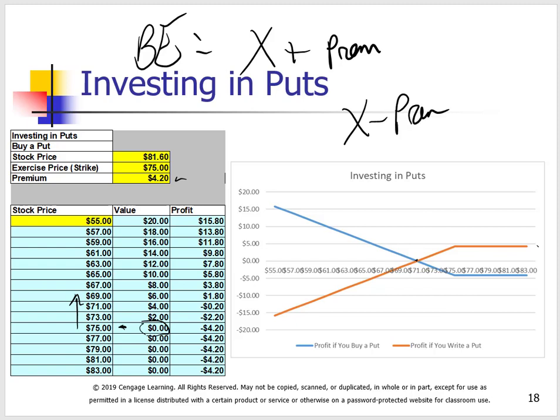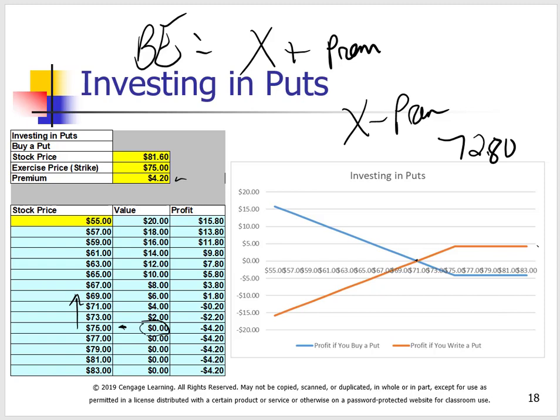So the exercise price minus the premium, 75 minus $4.20, so if it goes to $72.80, you would break even. Anything below that, if you wrote the option, you would be losing money. If you bought the option, in this case, you would be making money as the stock price goes down.